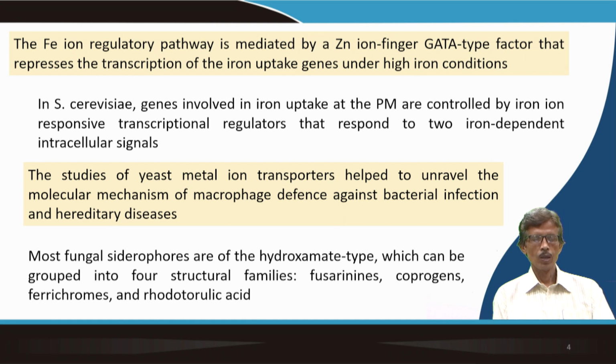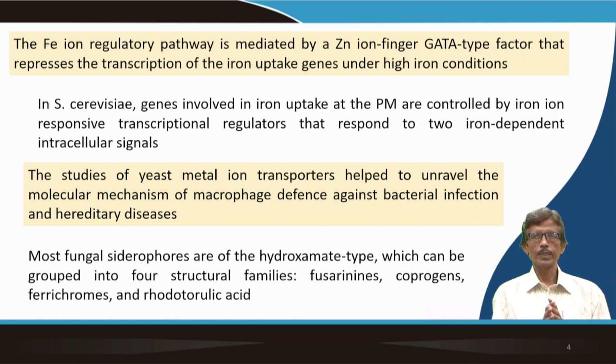how we can stop this at this particular level also. In all these cases we know that the bidentate hydroxamate group is available for iron coordination, but it can be grouped into 4 structural families because the shapes of these big molecules are different. They are fusarinines, coprogens, ferrichromes and rhodotorulic acids.